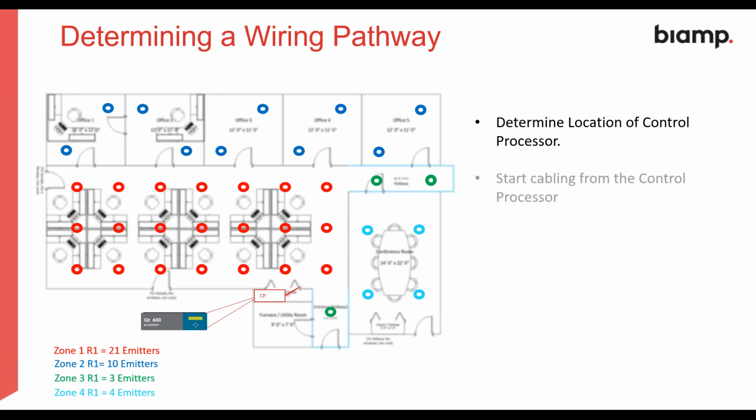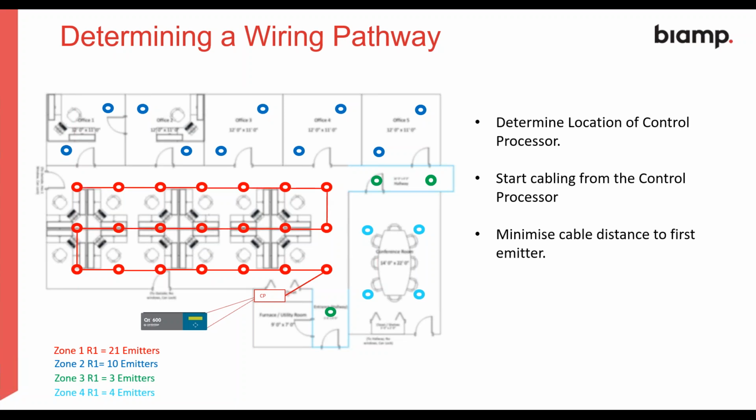So from the control processor, we need to go to the first emitter. We would always try to minimize the cable distance to the first emitter, ideally. And then we go from that emitter to the next one and so on. And we normally follow something like this type of arrangement. So you could go vertically up and down or horizontally. From there, that would be zone 1 that we talked about.